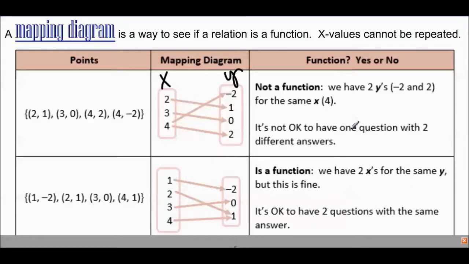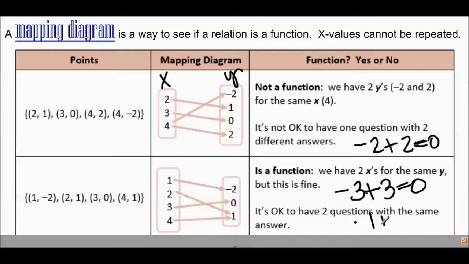So if you want to think about this mathematically, -2 plus 2 is always going to be 0, right? There's only one answer for that question. However, I could have two different questions that end up with 0. -3 plus 3 equals 0.